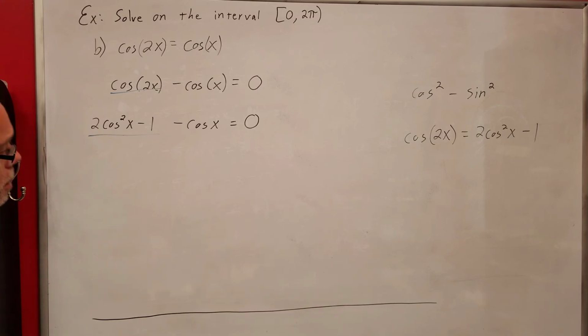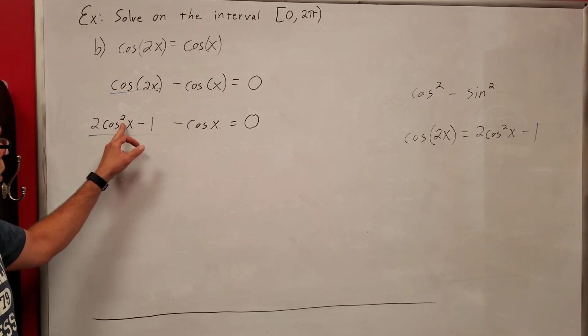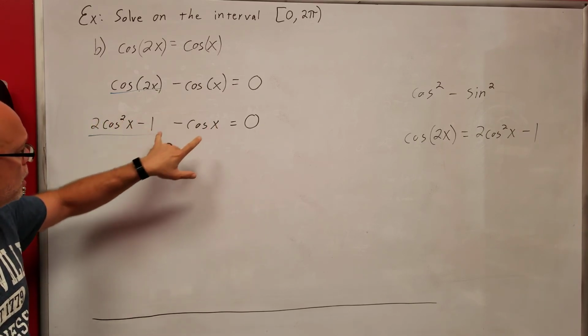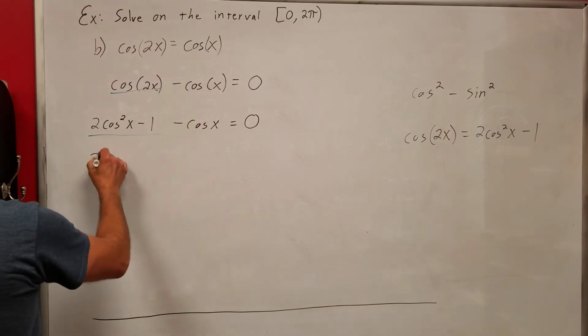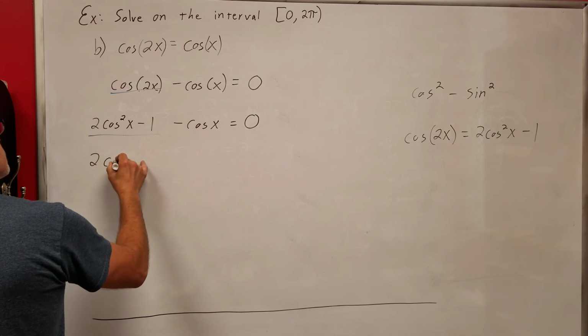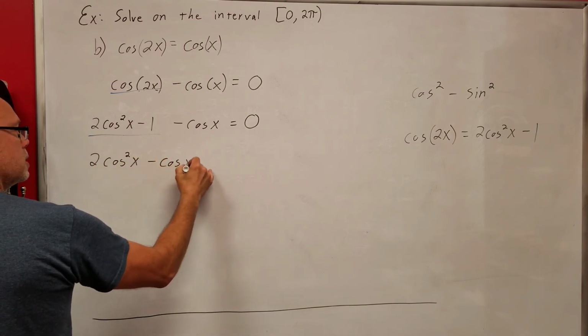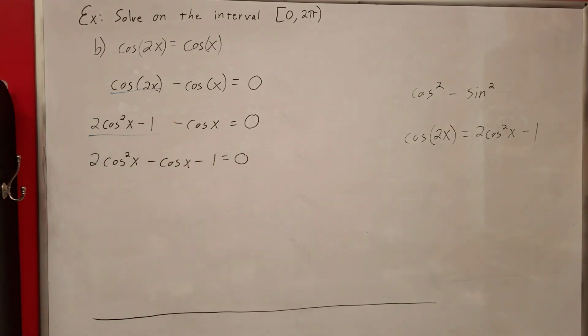Now if I do this, what kind of equation do I have here? A quadratic. Everything's on one side, which is good. But let me just commute these two terms around. Let me go ahead and call this 2 cosine squared minus cosine of x minus 1 is equal to 0 if I commute those two terms around.